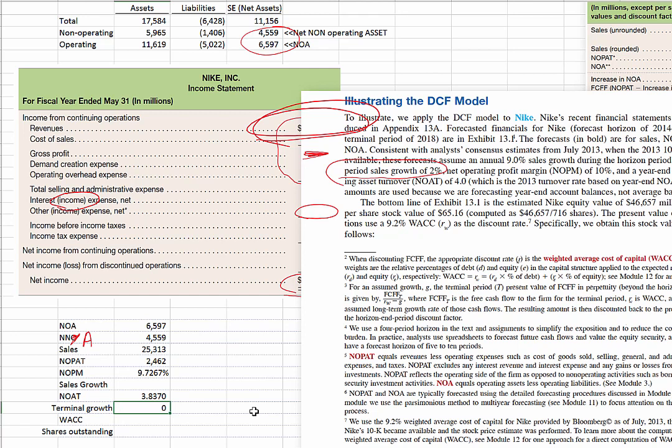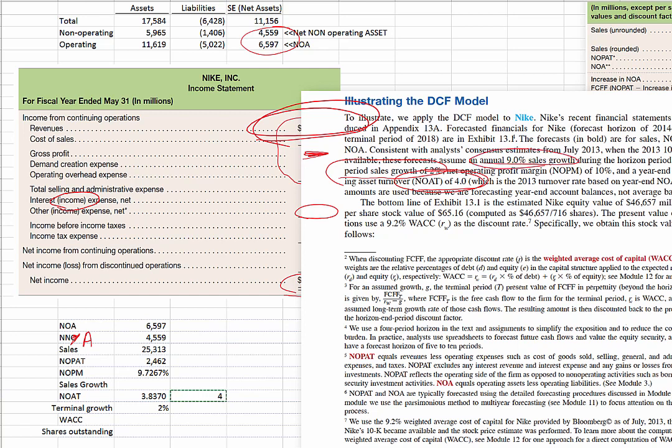Not 0, but not 2 cents, but 2%. And what else do we have there? The net operating asset turnover. They're going to round that to 4. So I'm going to do that right there. 4. And what else do they have in this information set?